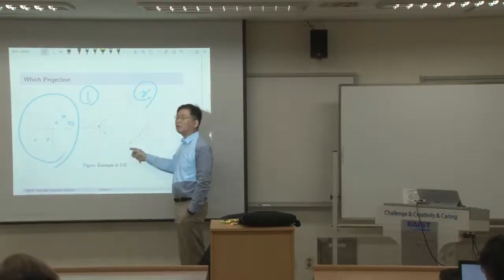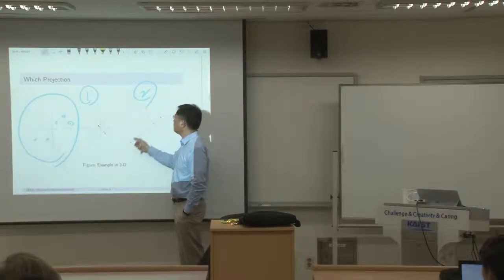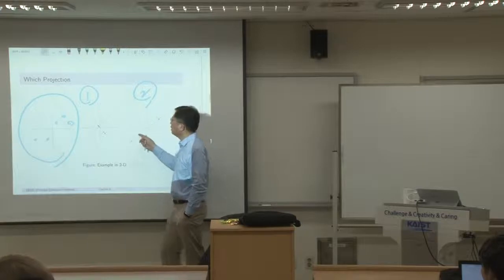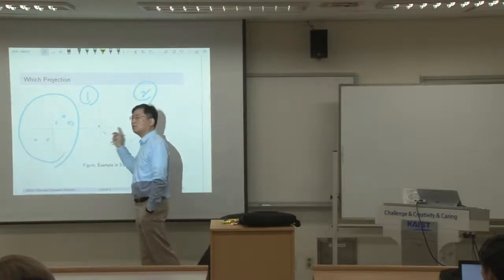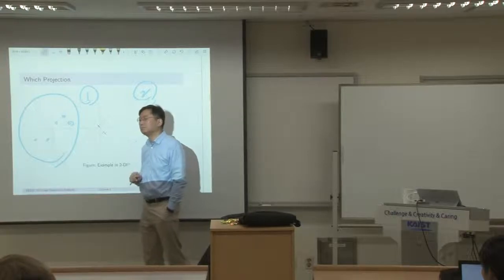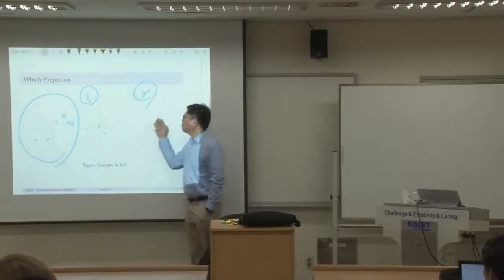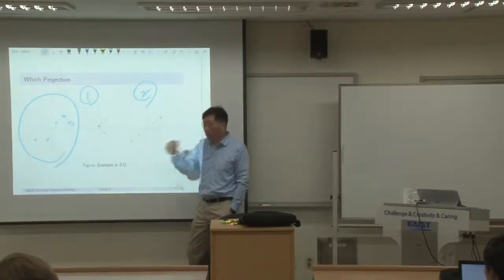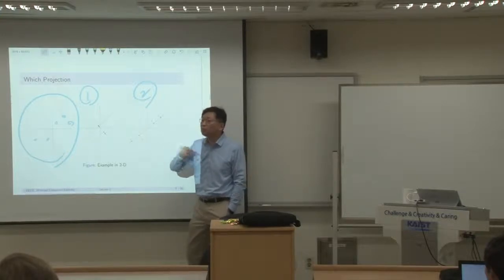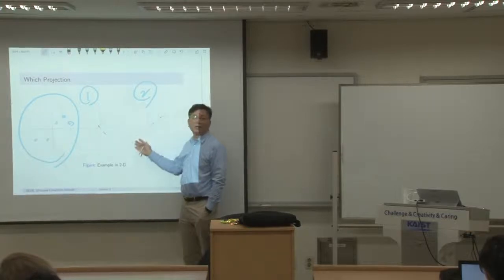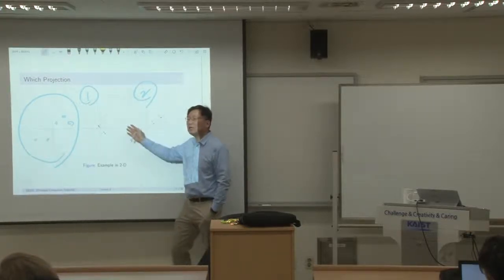So the variability of the projected points is greater on this side than this. And if you want to retain the information as much as possible, the difference in data points, the information that's contained, you have more information retained in this than in here.